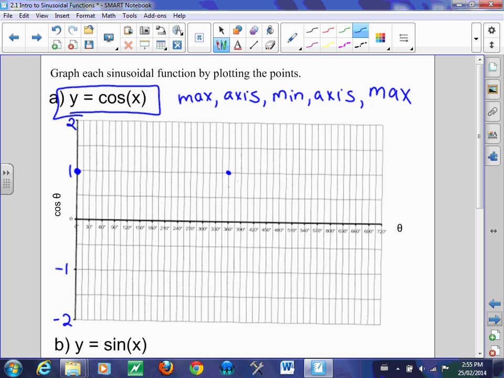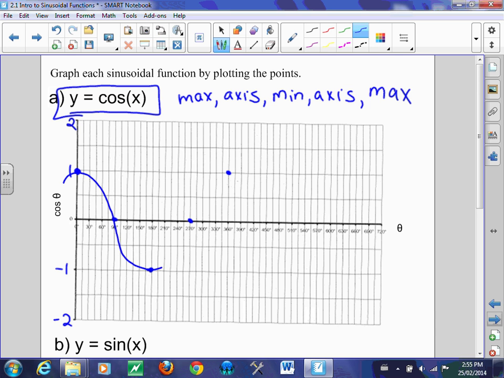Okay? So if we start at our max and end at our max, halfway through, which is at 180, we have to be at our minimum, which means that halfway through there at 90 degrees and 270, we are back at the axis. Okay? So with our parent functions, they go curved lines.